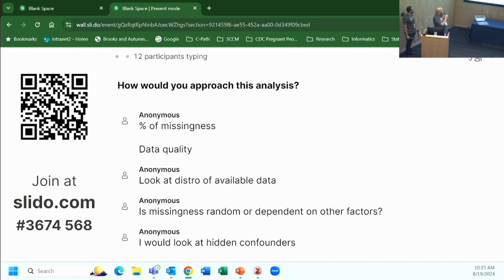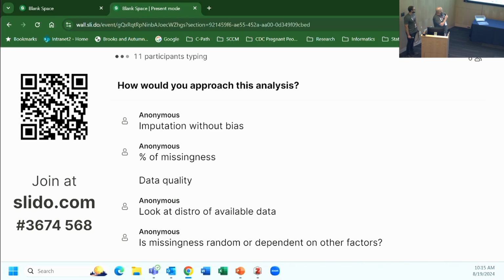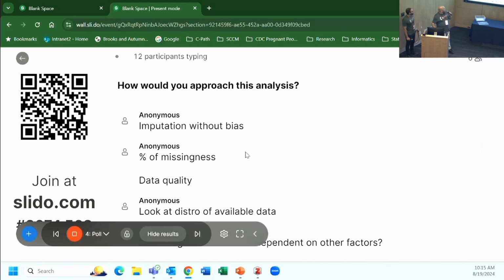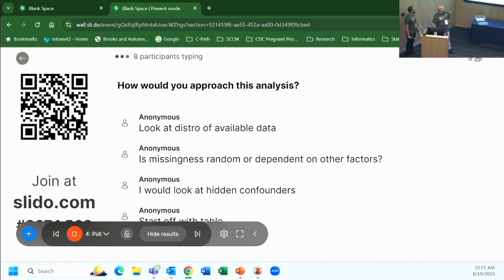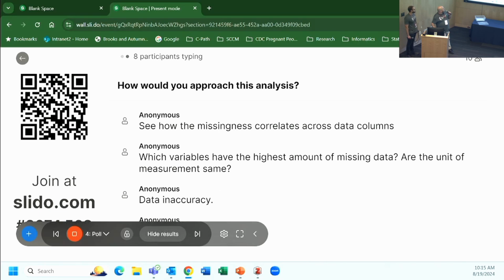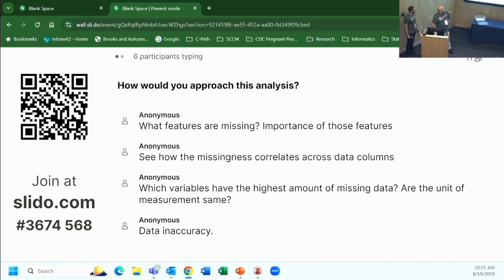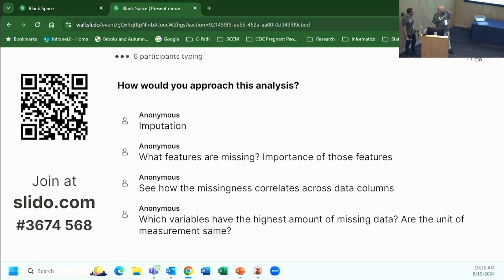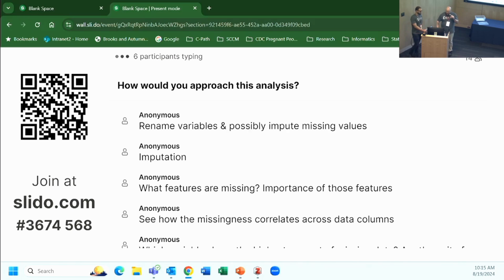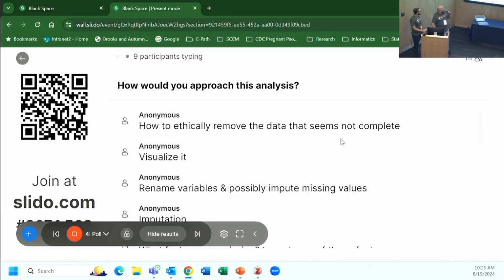Randomness of missingness, distribution, imputation without bias. Oh, we're going to go there. Hidden confounders. Yeah. Okay. So y'all are thinking about this very similar to how we thought about it.